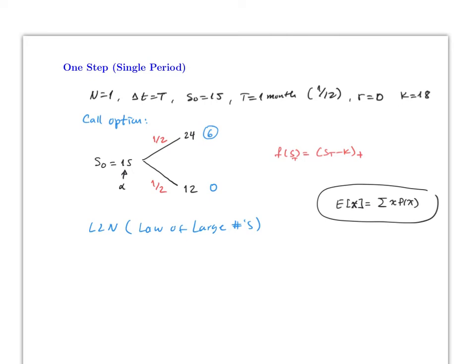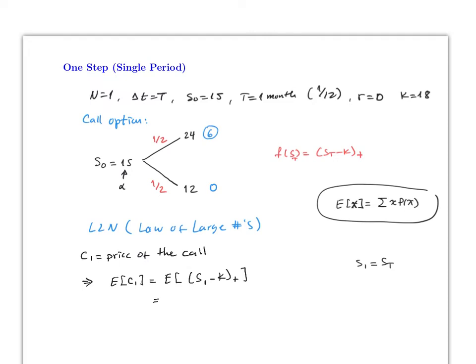Now here, with the assumption that this is the market probability, let's say that C1 will be the price of the call option. Then according to the central limit theorem, or the law of large numbers, the expected value of C1 will be equal to the expected value of the payoff function, which will be (S1 minus K) plus. Remember that S1 here is what we're calling S_T.